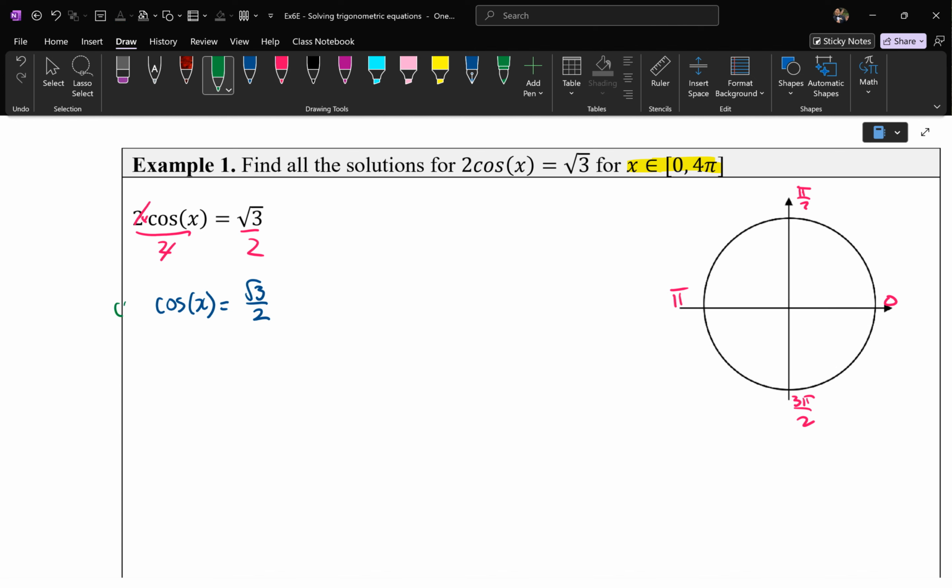So here I then say, well, let's do the inverse cos left, inverse cos right. These cancel out, and I get x is equal to cos inverse of root 3 on 2. And that's equivalent to you saying cos of what angle gives you root 3 on 2.